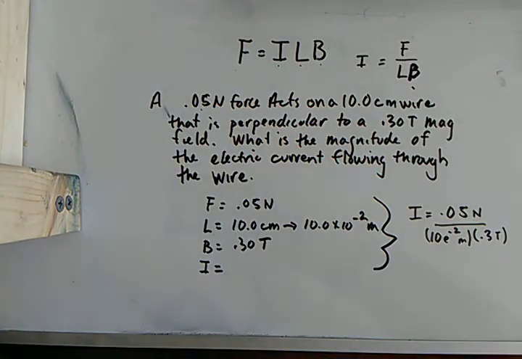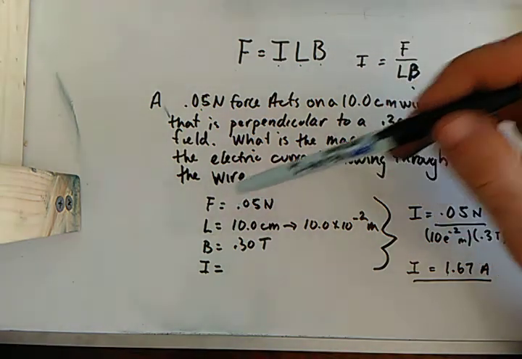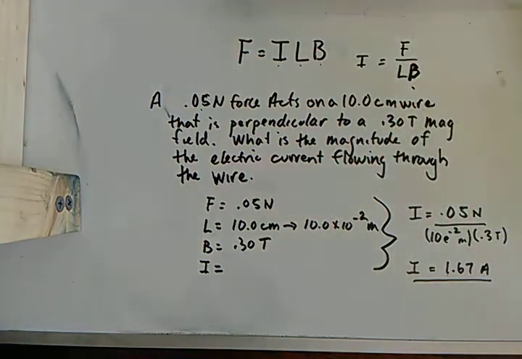After doing the math, I would get 1.67 amps flowing through that wire to produce that force given a magnetic field.